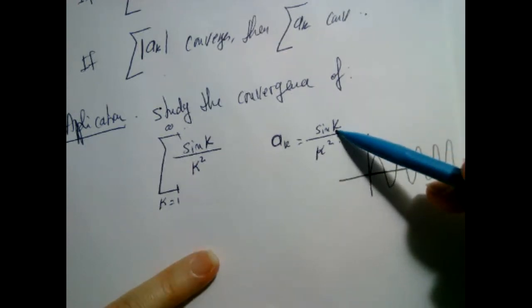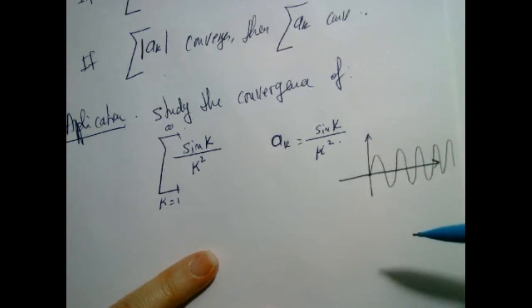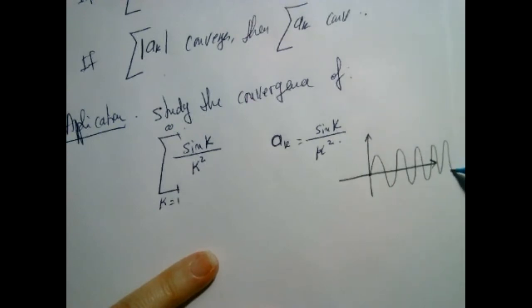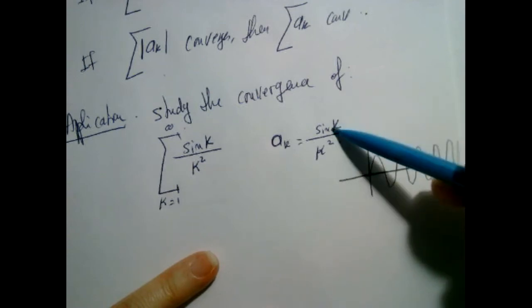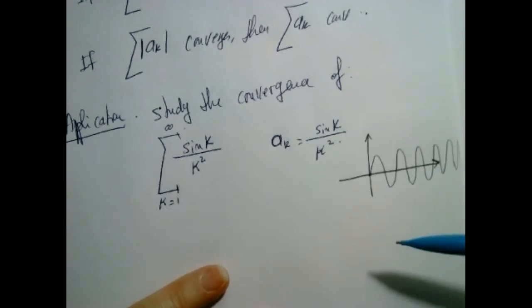Remember, k could be 100, and I mean 100 radians. There is no reason for that. Why is the sine of 200 positive? The sine goes up, down, up, down. So the sine of k and cosine of k are definitely not positive.